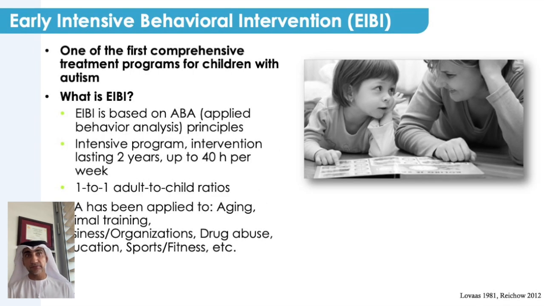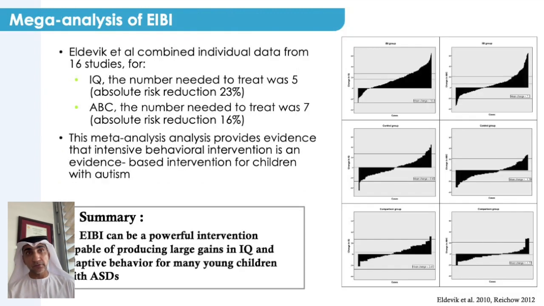But this does not mean that we don't have any treatments for autism. In fact, we do have effective treatments for autism, including evidence-based behavioral strategies. The most effective strategy that has been studied in autism, and the slides present some of the strong evidence behind it, is early intensive behavioral intervention, especially when applying principles of applied behavioral analysis, or ABA, from an early age in an intensive manner, from at least 25 to 40 hours a week.